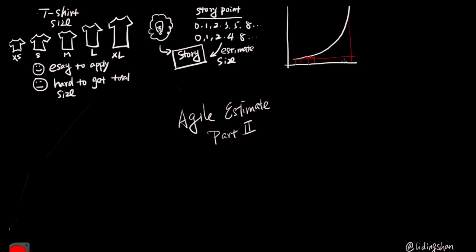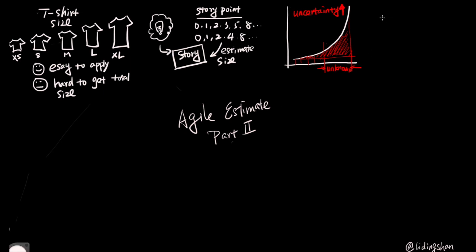This means the uncertainty of this large story will increase explosively. There will be lots of unknown when the story is very big. So, to reduce the uncertainties, we need to break the large story to smaller ones.